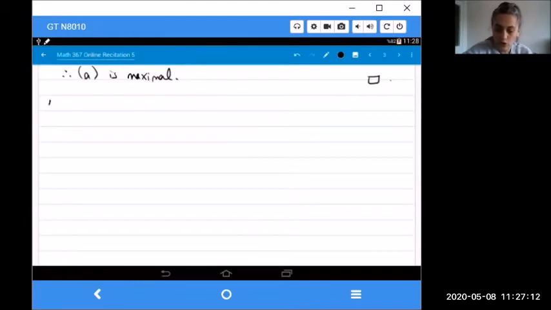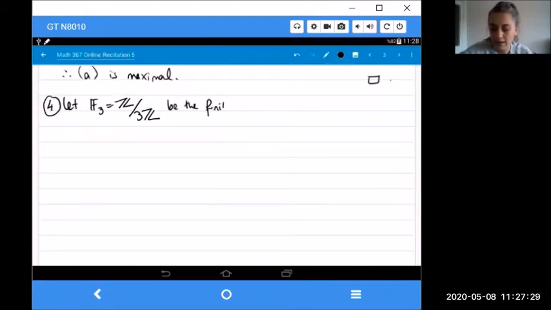Now we are going to write down our question. Let F3, which is actually Z over 3Z, be the finite field of order 3.